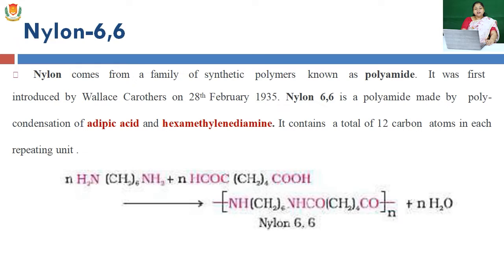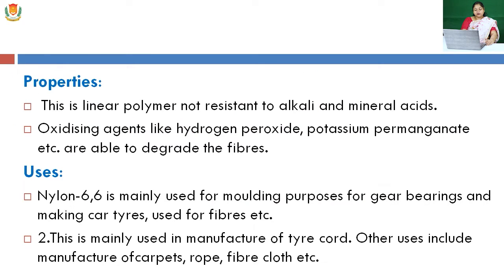That means when adipic acid and hexamethylene diamine react, they form an intermediate product which contains 12 carbons, and this unit repeats continuously and forms a polymer which is known as nylon. Here is the reaction. It is hexamethylene diamine and adipic acid.